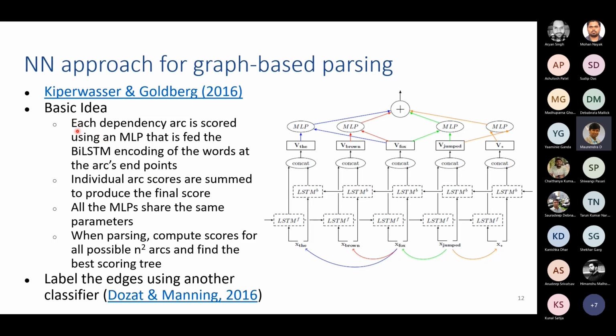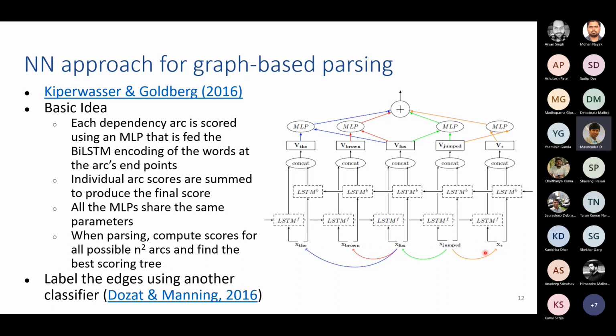So the basic idea is that each possible dependency arc is scored using an MLP, and that is fed the BiLSTM representation of the words at the arc's endpoints. So let us see, the brown fox jumped.